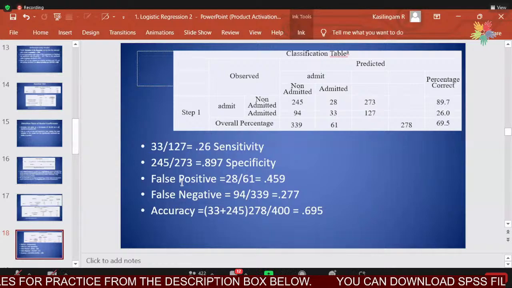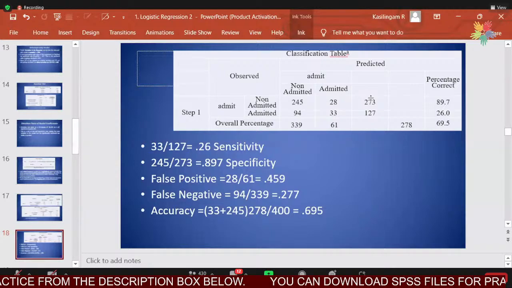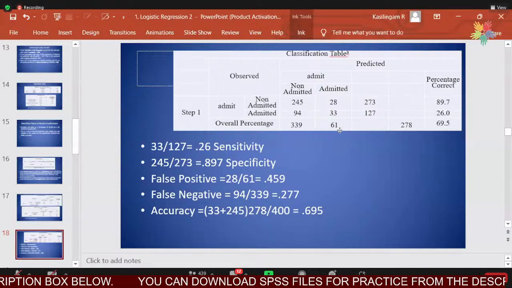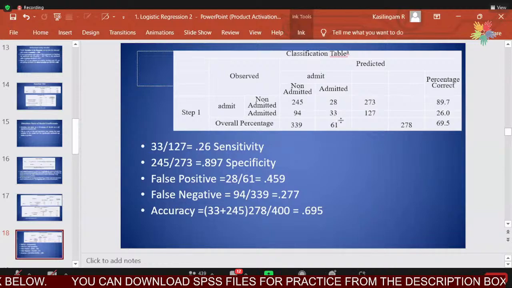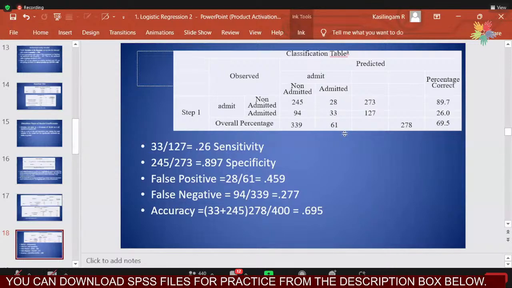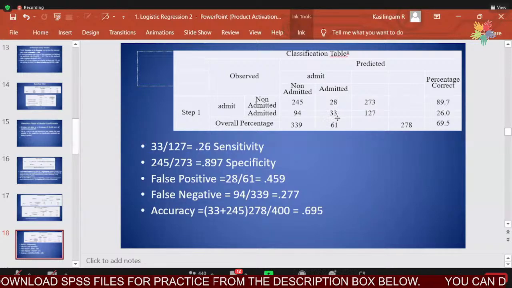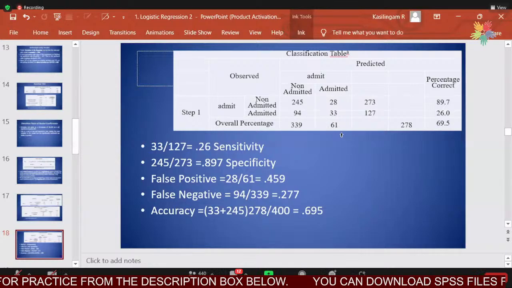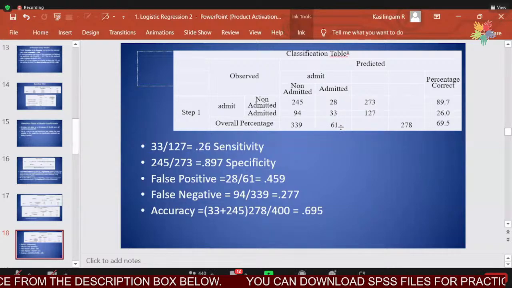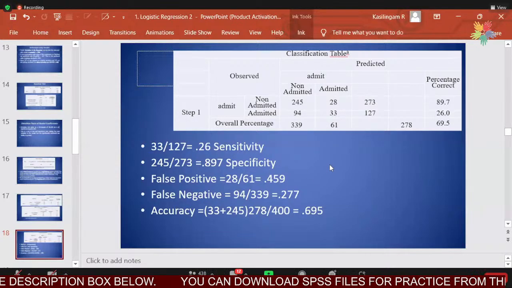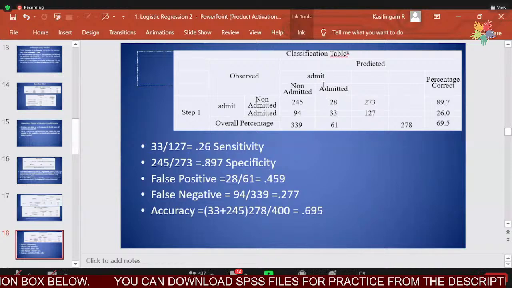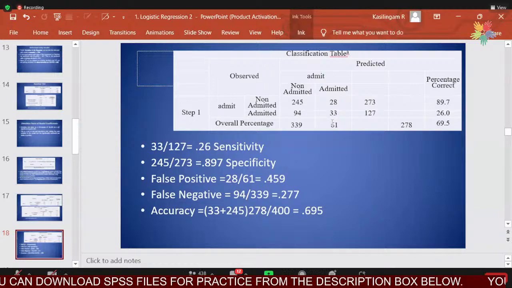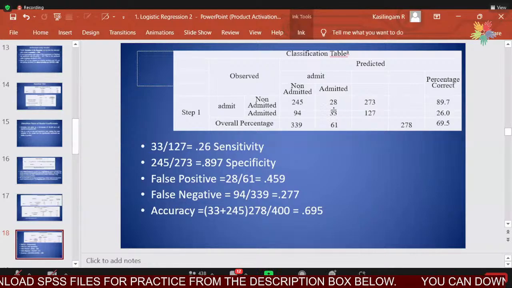False positive: positive but false. In the admitted, we predicted 61 as admitted, but the right ones are 33.